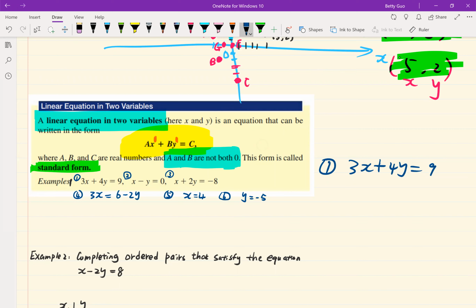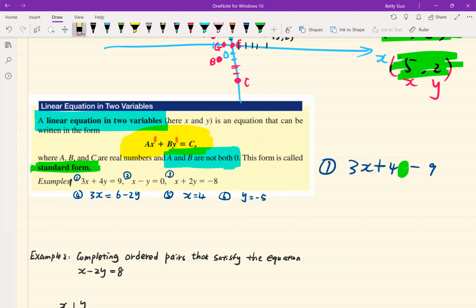It is a linear equation in two variables because you see an equation, you see two variables, and it's linear. Also, by the definition, this equation is already in the standard form.